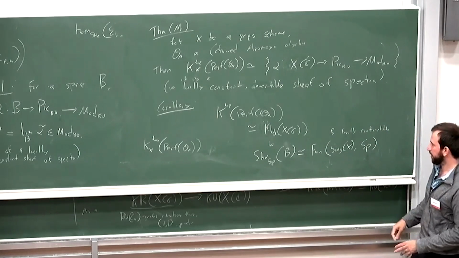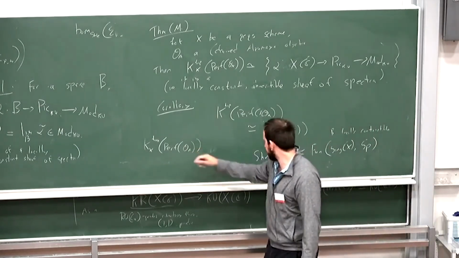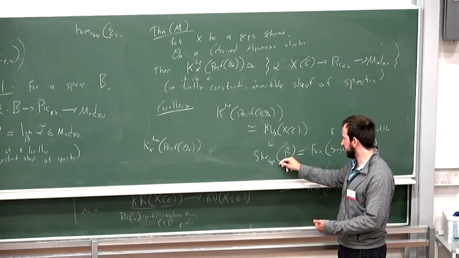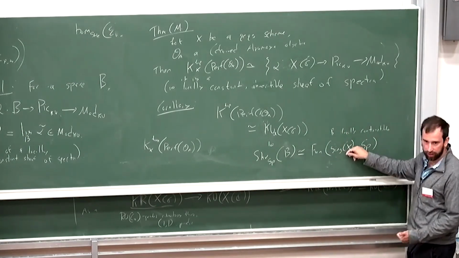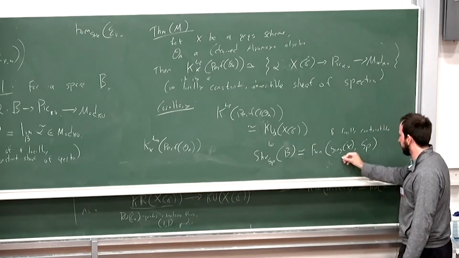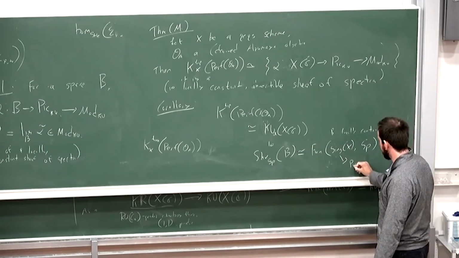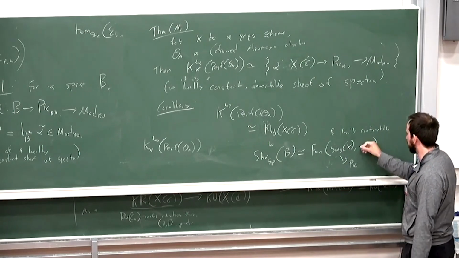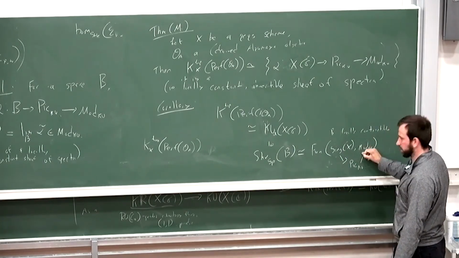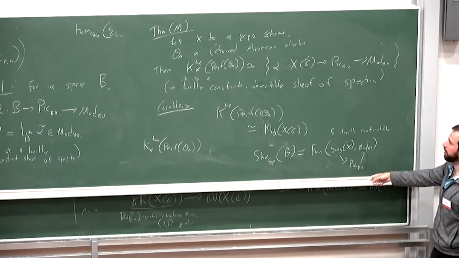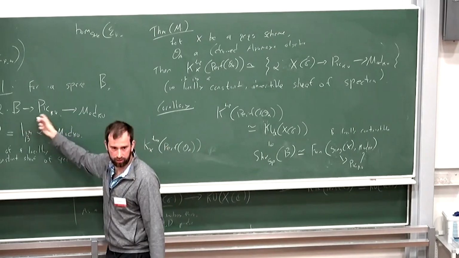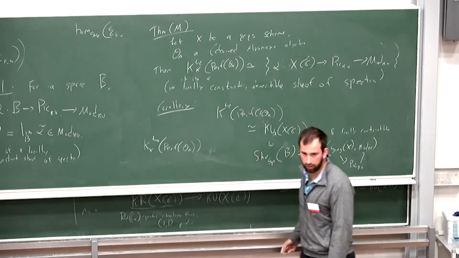So you get an object which is locally constant, and also invertible, meaning it factors through the Picard space, here mod KU. So you get this twist that I used to define the twisted K theory.